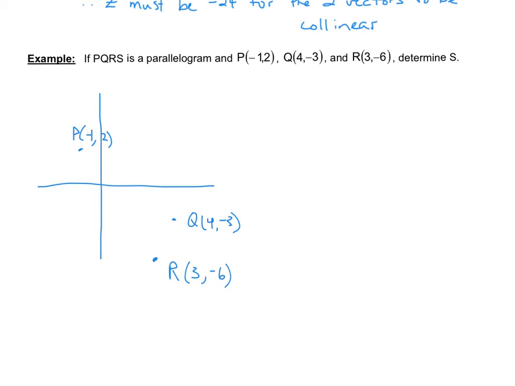Now, the name of our parallelogram implies that the order matters here. It implies that P attaches to Q. So I could join P to Q, and then Q joins up with R. Q to R would be here, and then R joins up with S. I'm going to estimate where I think S will be.